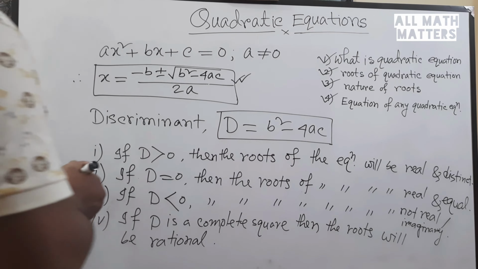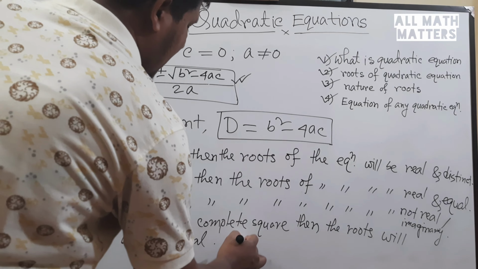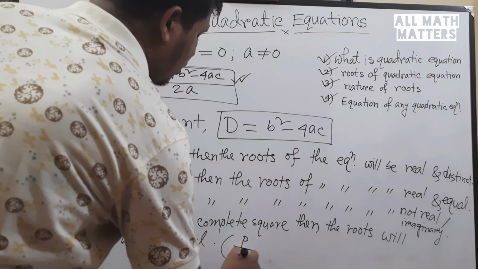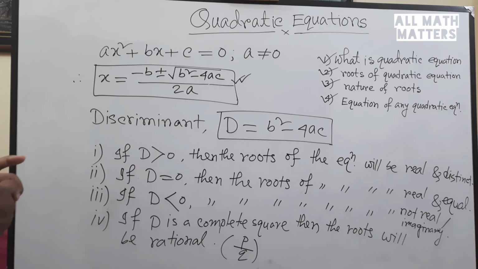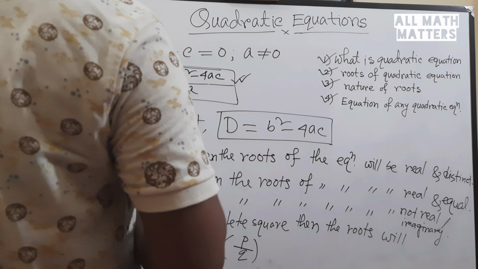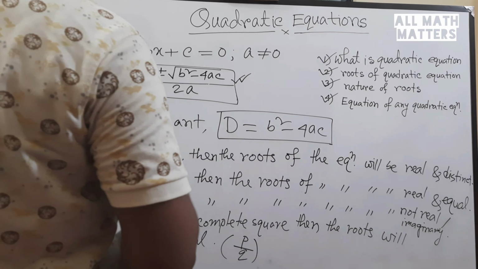Now what is rational? Rational means a fraction which can be written as p/q, where p and q are co-prime numbers, which have only the common factor 1. So p and q are co-prime numbers.